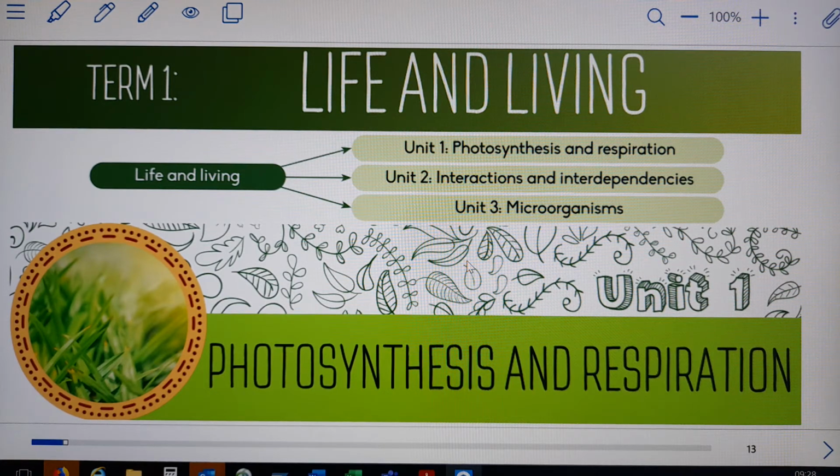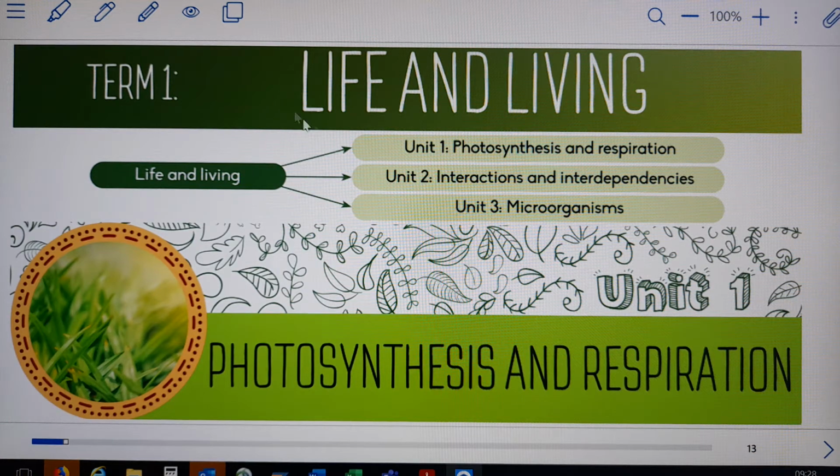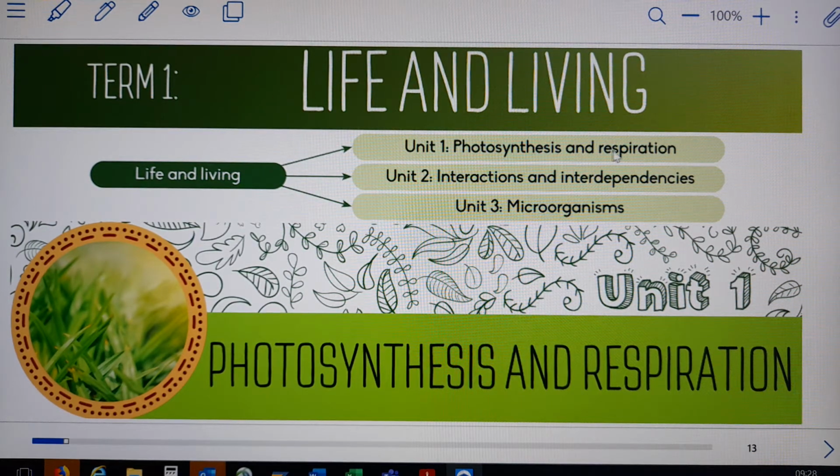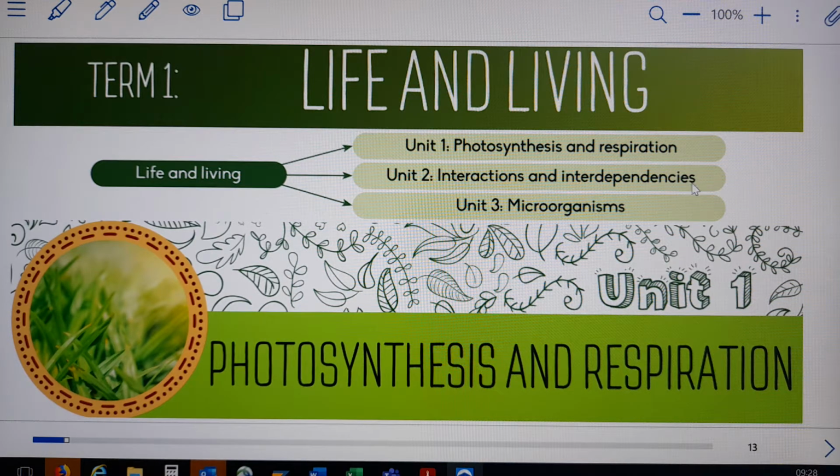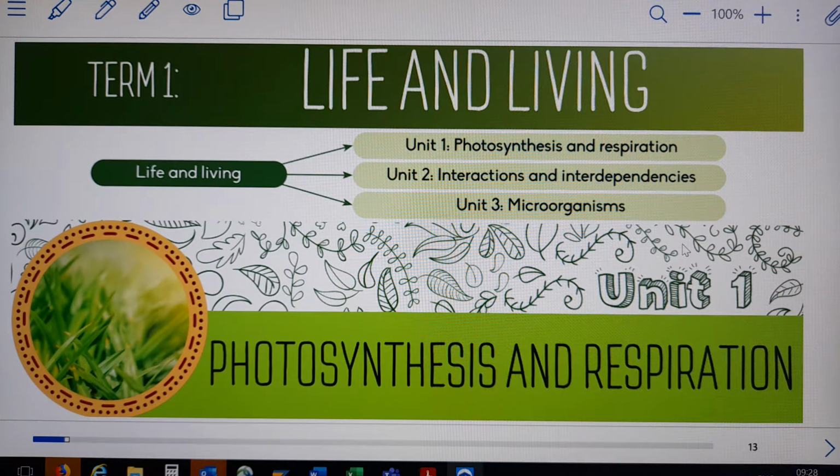Okay, so life and living is divided into 3 units. The first unit, unit number 1, will cover photosynthesis and respiration. Unit number 2 will cover interactions and interdependencies. And unit number 3 will cover microorganism.